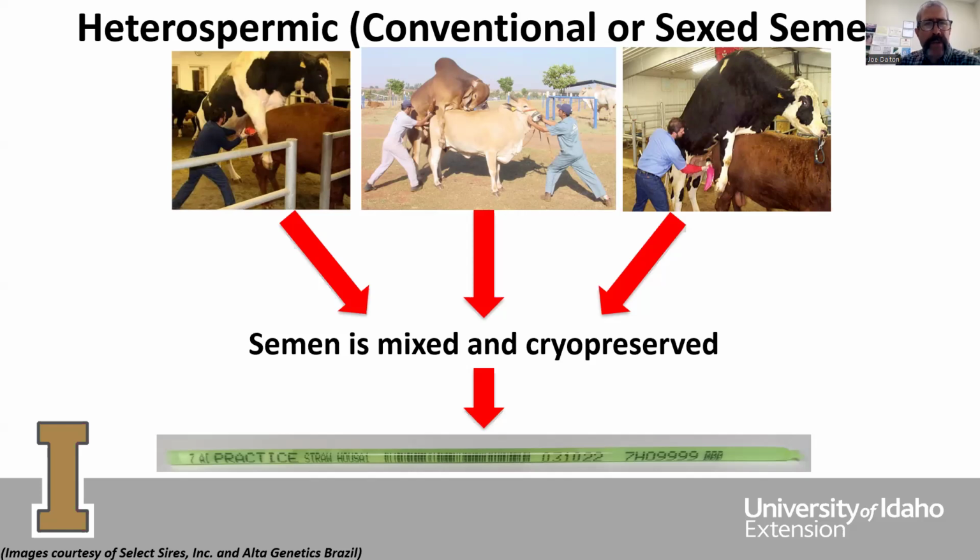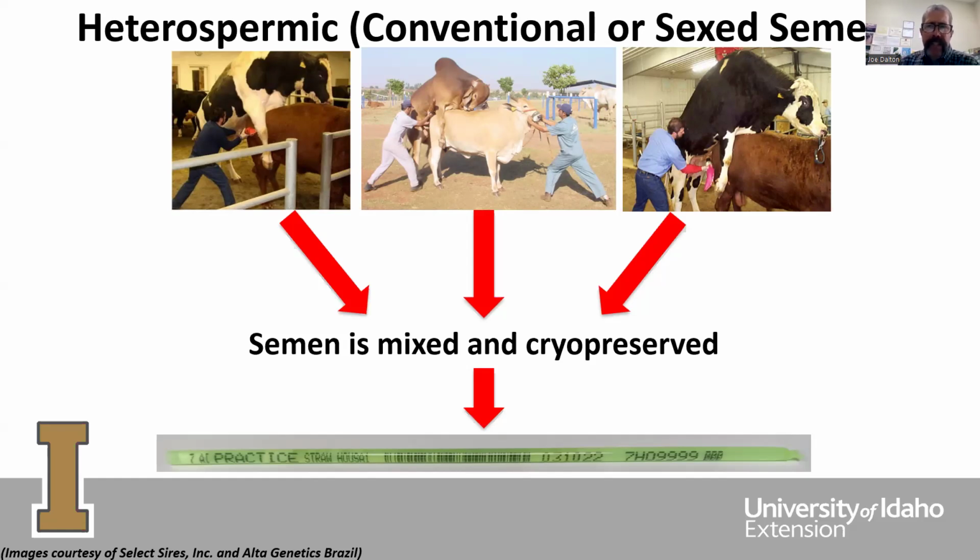We're going to use an artificial vagina for each one of these males. We're also going to do our routine pre-processing analysis. And then, if everything meets the standards, we are going to mix the semen on an equal sperm number basis, and then process it all the way through to freezing and storage.